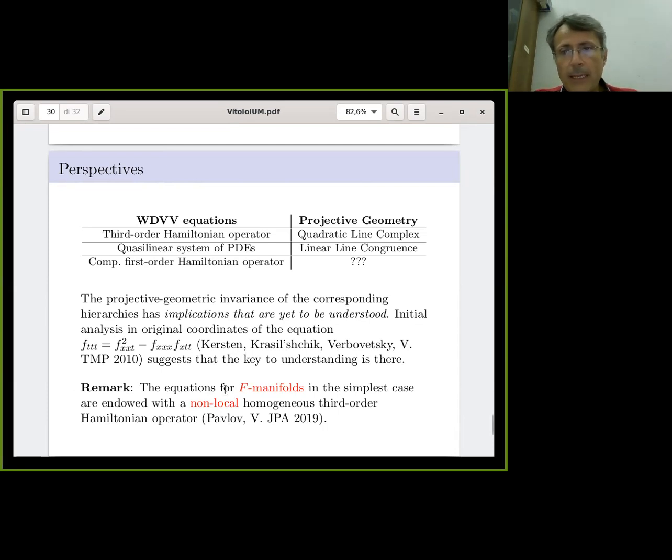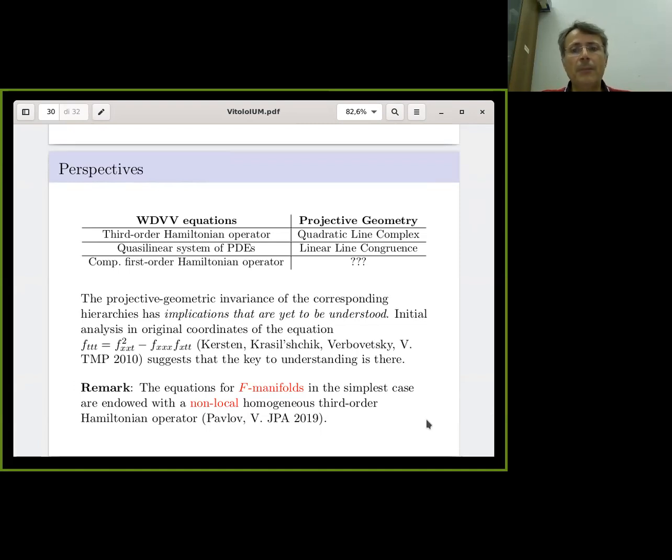And then I would also like to add that if you generalize WDVV, there are equations of F-manifolds, the so-called F-manifolds. And we proved together with Maxime Pavlov that in the simplest case, there is a non-local homogeneous third-order Hamiltonian operator. So these operators should be a property readable in terms of the original coordinate system.